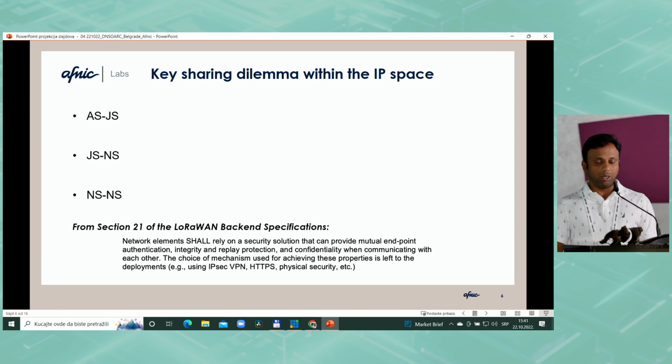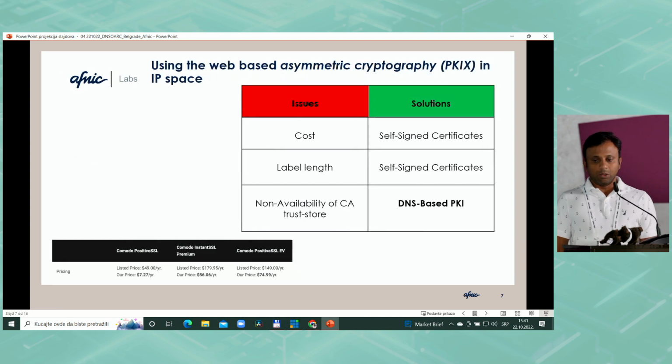So we could use HTTPS. If you use normal CA certificates in the IP space, not the radio frequency space, between the different servers on the internet, the CA certificates which we buy are expensive, and if you add that, it comes to more dollars per device.